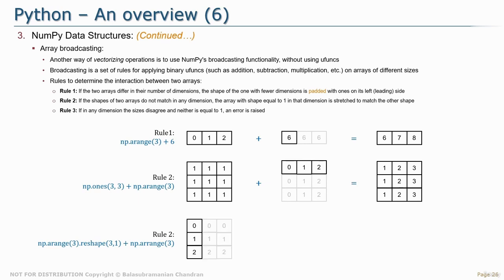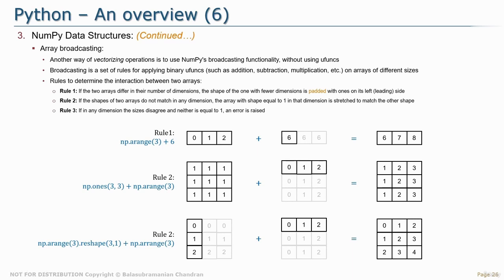This is the one-dimensional array and we want to add this one-dimensional array to the first one-dimensional array. Here, both the one-dimensional arrays are padded with 2 more rows and columns respectively as shown to make them 2-dimensional arrays with the dimensions 3 by 3. This operation will get us the result as shown here.